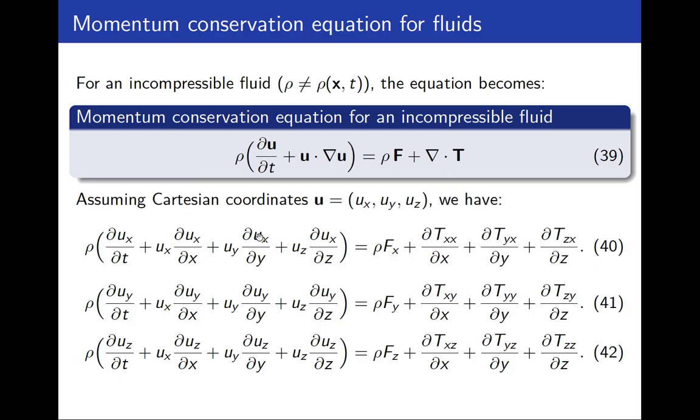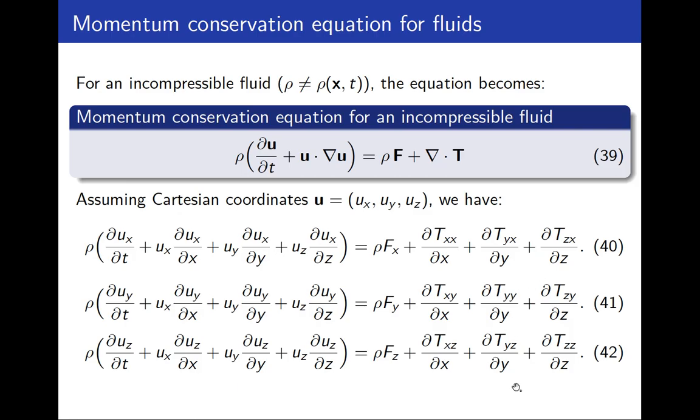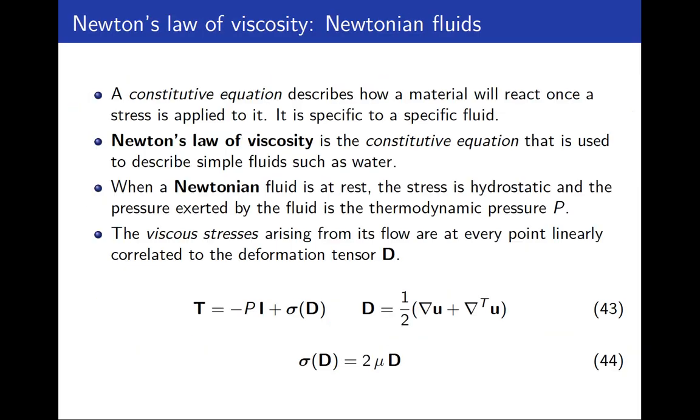So these terms are highly nonlinear. So it's really complicated to get an analytical solution for these equations. And also here you need to introduce the total stress tensor into here in order to obtain an equation for the specific fluid you are interested in. So we will talk about this.